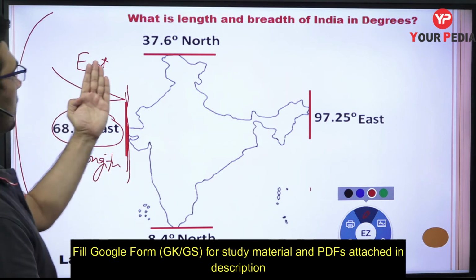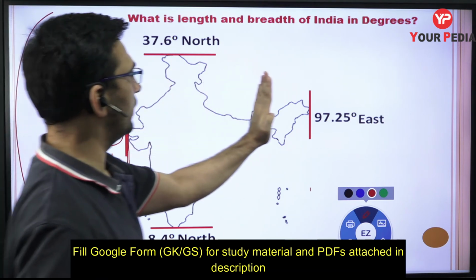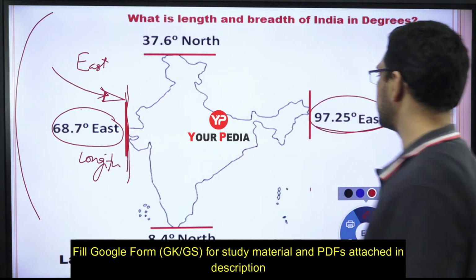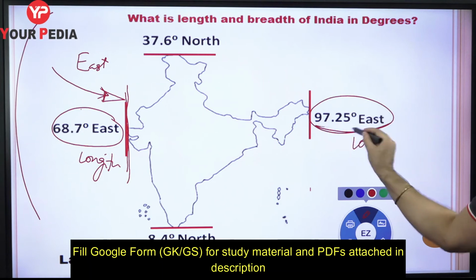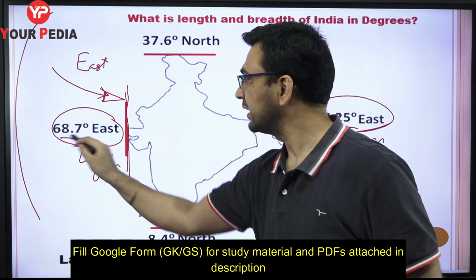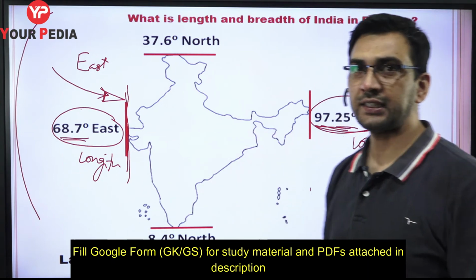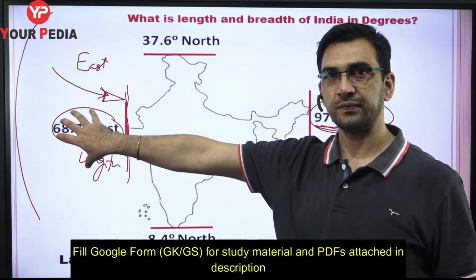As you go on moving east, the angular position increases, and finally when you reach over here, the angle has become 97.25 degrees east longitude. You should know the exact figures. If I ask you what the longitudinal extent is, extent means the difference between this and this.